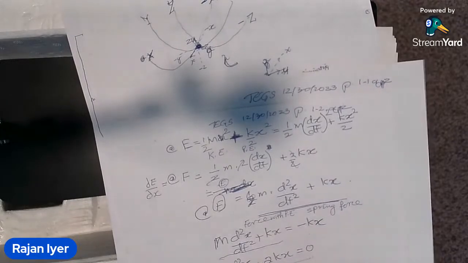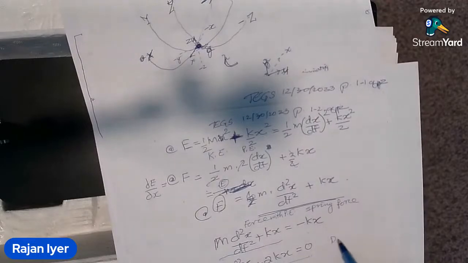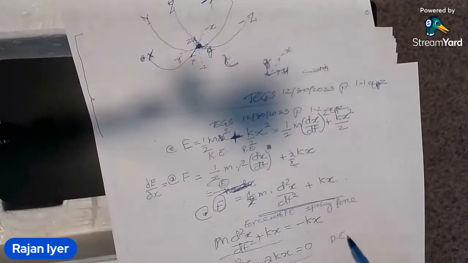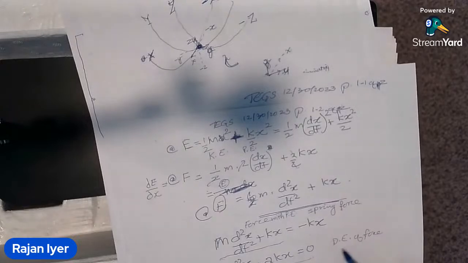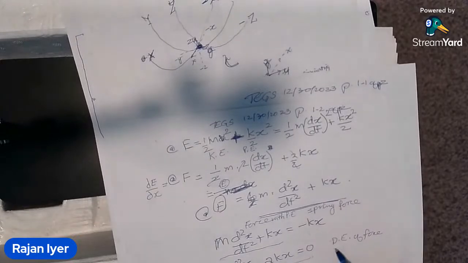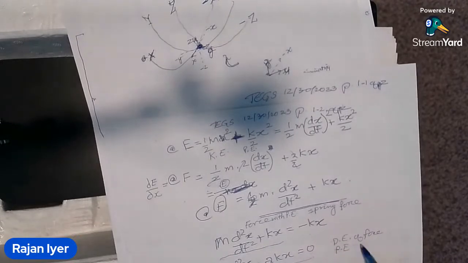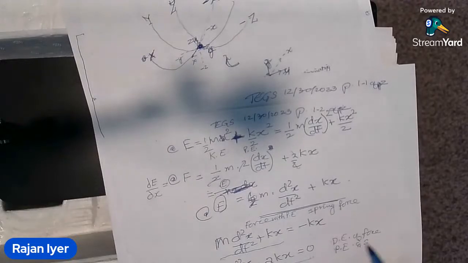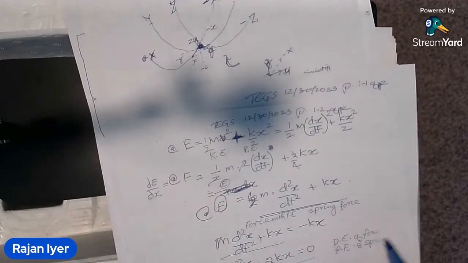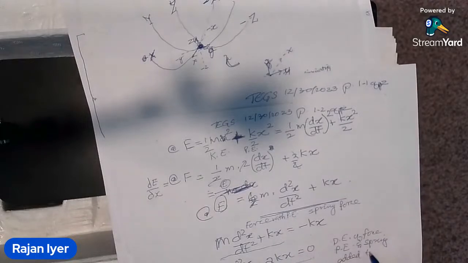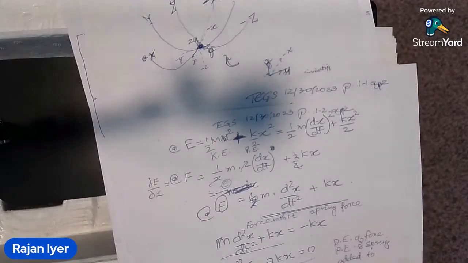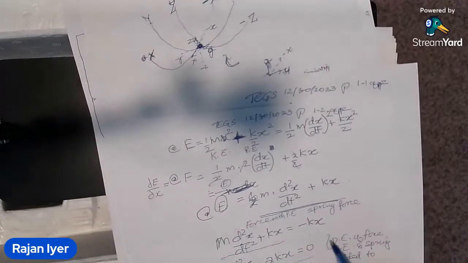So this is the differential equation, the differential equation of force with PE, potential energy, the spring, added to the kinetic energy. So the total thing what we get is this one.